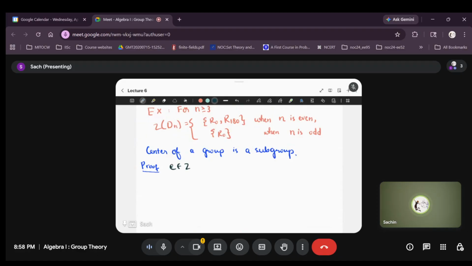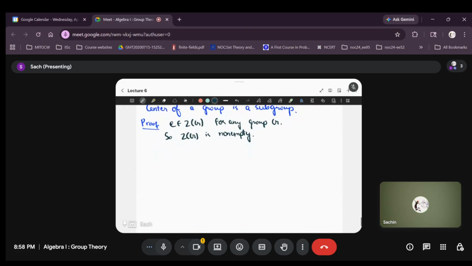E belongs to Z of G for any G, right? So Z of G is non-empty. The identity element is always in the center because E times A is equal to A times E for all A in the group.